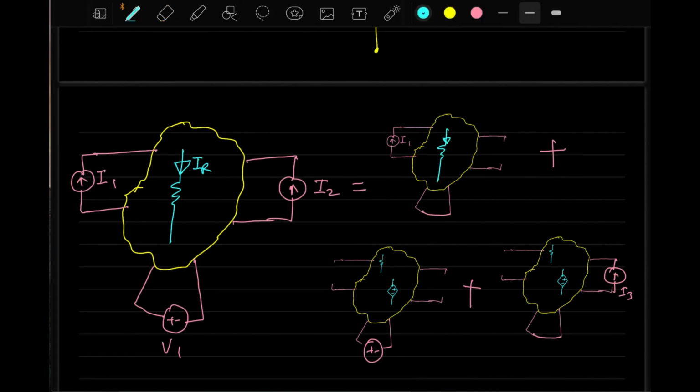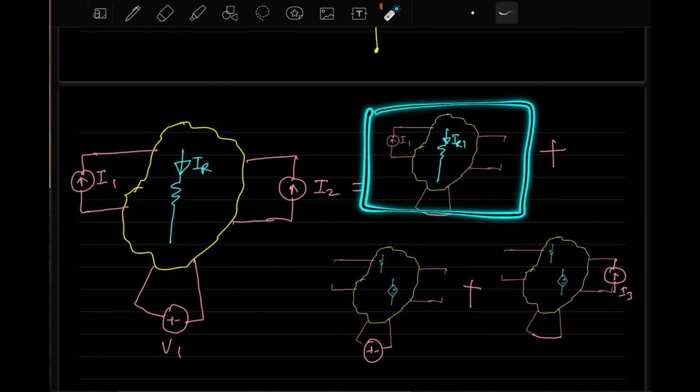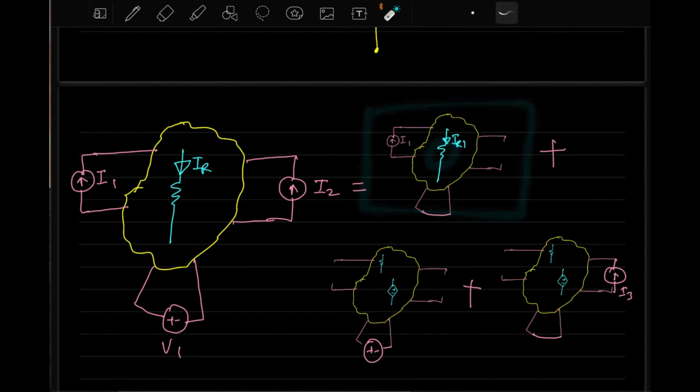You will have IR1 first of all. Why is it IR1? Because you are only considering the current source I1, and you are shorting the voltage, and here also you are opening the current source. So whatever current flows in this configuration for this particular resistor, we are saying it as IR1.